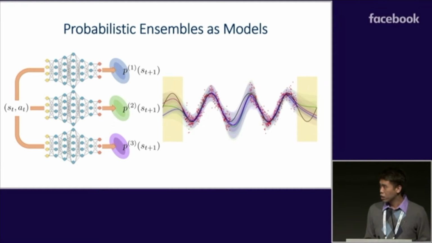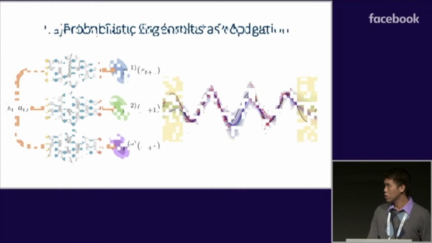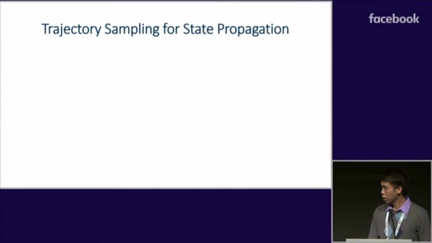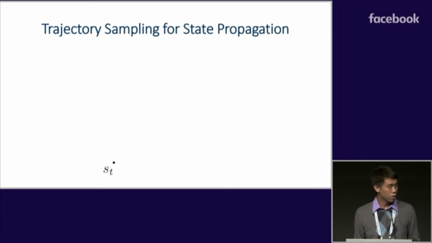But how do we actually incorporate these estimates into planning? The method we use is something called trajectory sampling. The idea is that given that the agent is currently in a particular state and given an action sequence, we can simply have each network in the ensemble give its own prediction of the resulting trajectory. For example, in this case, we have a particular action, so each network gives a distribution over the next state.